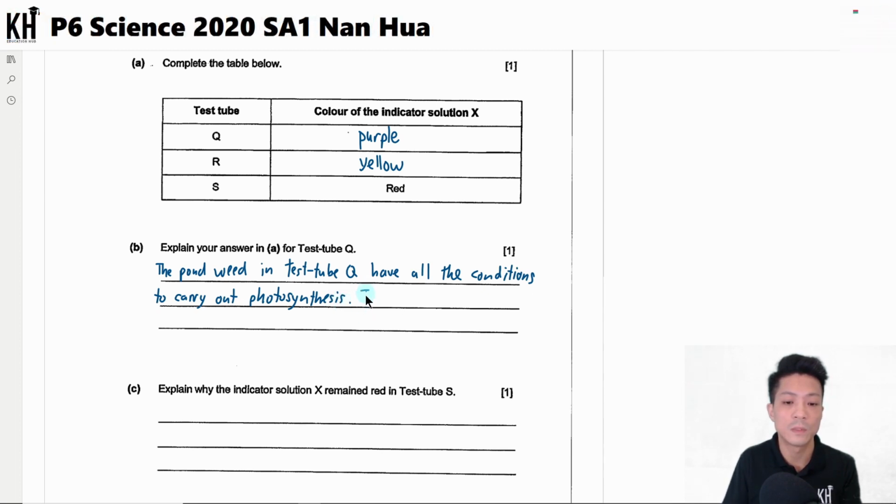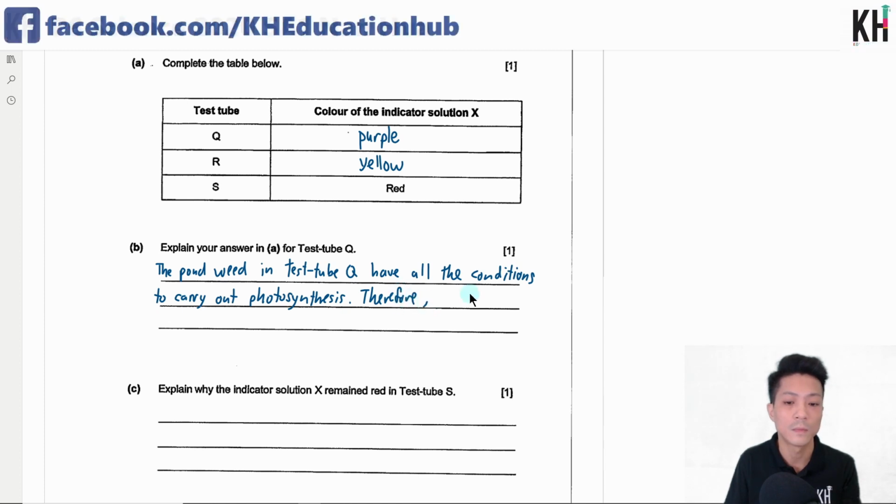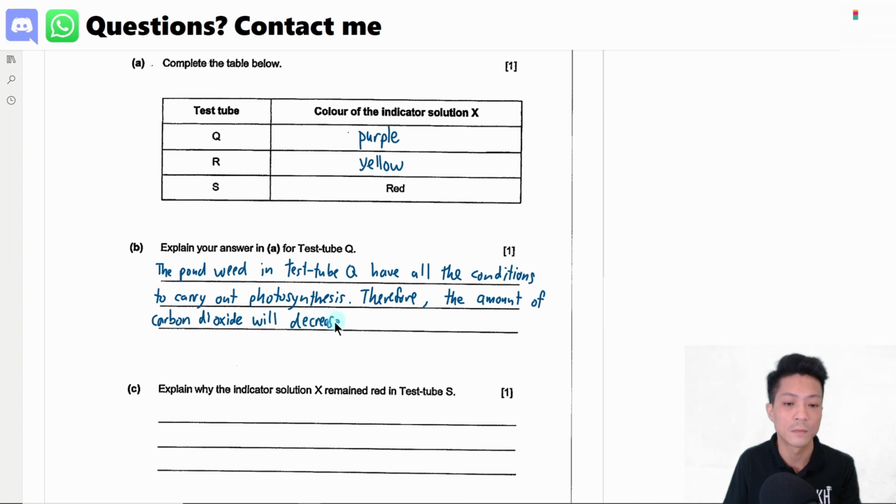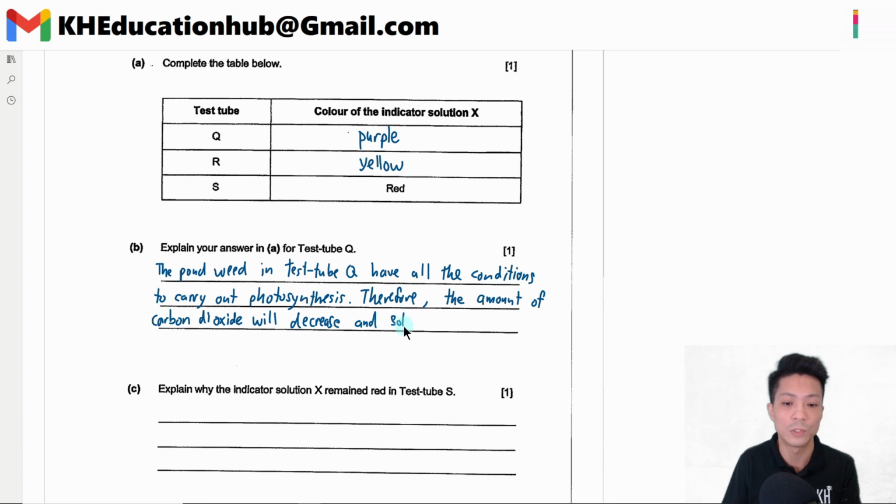You can use therefore or hence: the amount of carbon dioxide will decrease, and solution X will turn purple.